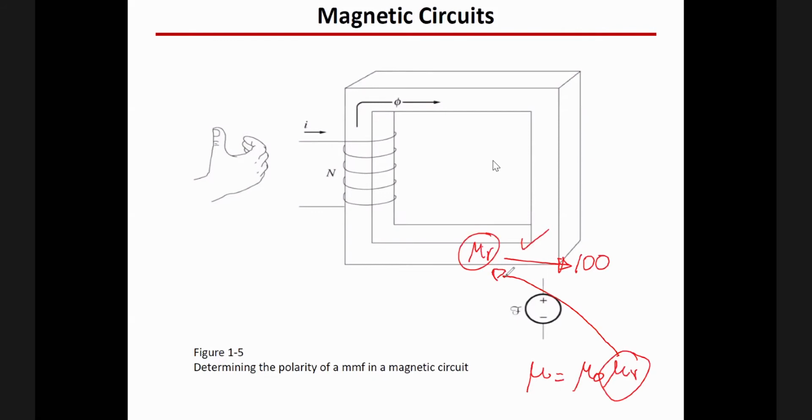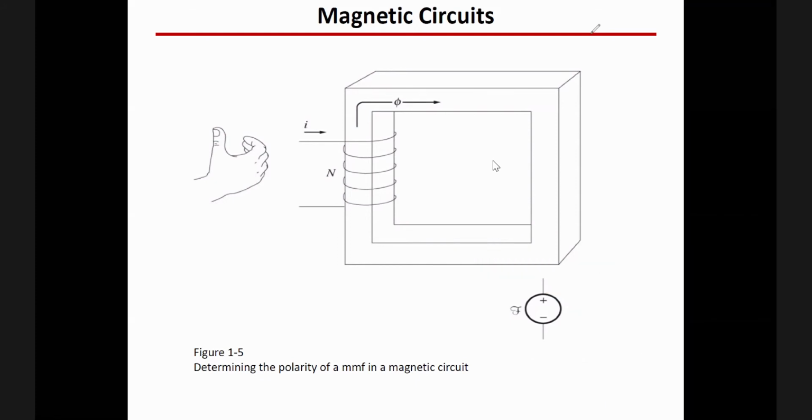So it is given for each material. You know, for the material, what is the mu r, and after that you can calculate what is mu and the reluctance for the whole material later. Clear? Clear.